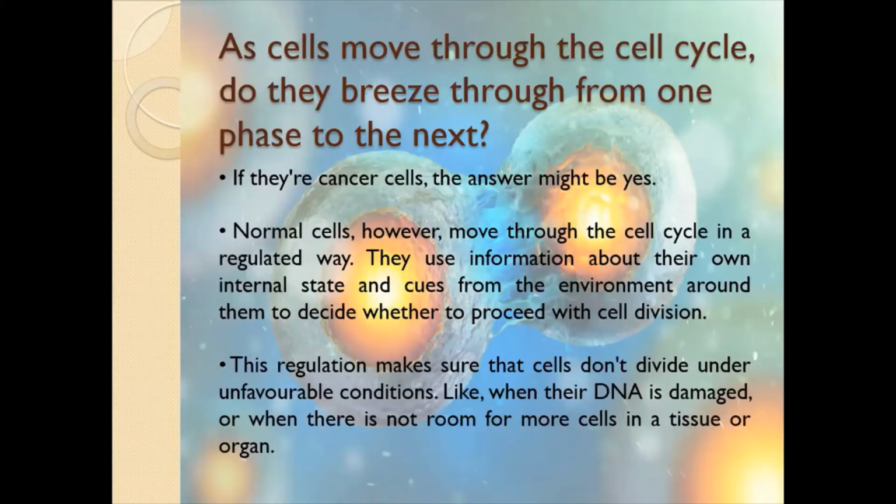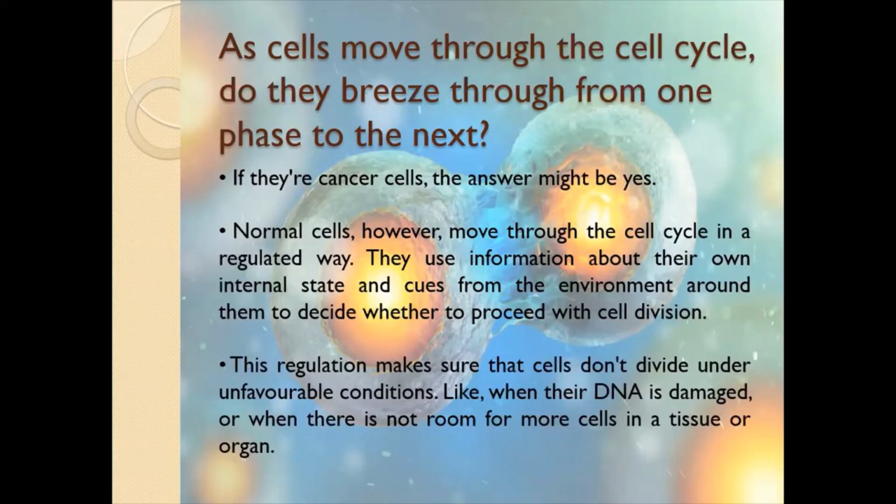But in the case of a normal cell, the cell moves through the cell cycle in a regulated way. They use information about their own internal state and cues from the environment around them to decide whether to proceed with cell division or not. So they collect data from their environment, and after processing the data, they decide whether they should move or not.